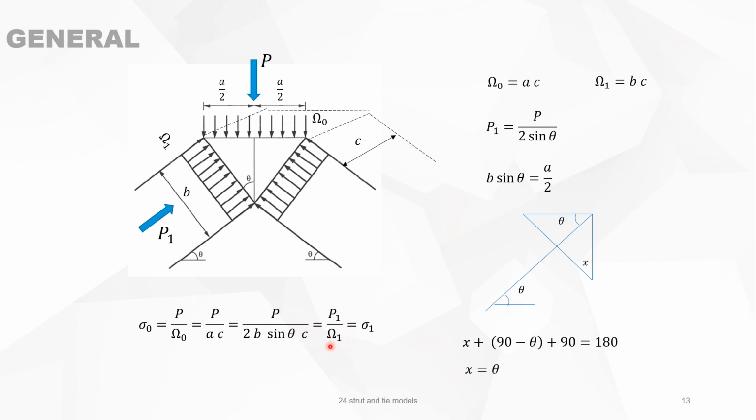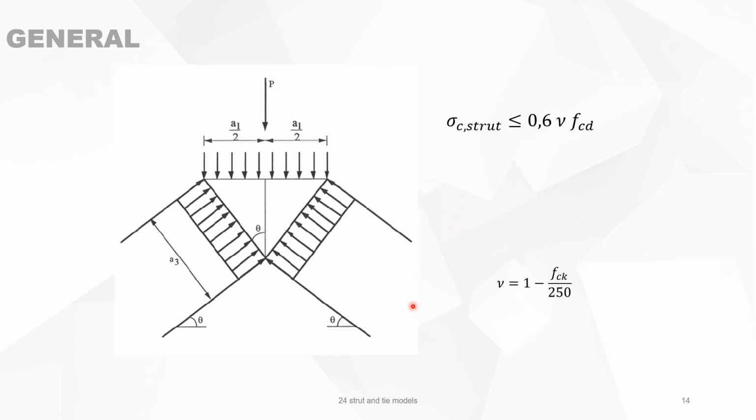And then omega 1 is of course B times C. So this is equal to P1 divided by omega 1, but P1 divided by omega 1 is exactly the stress on this side of the node. So it's sigma 1. So sigma 0 equals sigma 1, and the same for sigma 2. So this means that this node is hydrostatic. It's the same stress on all sides.